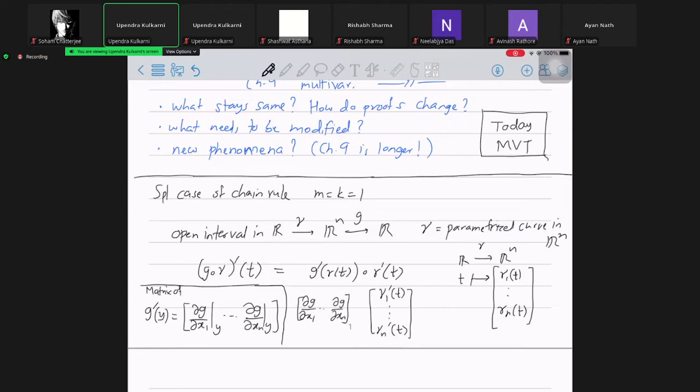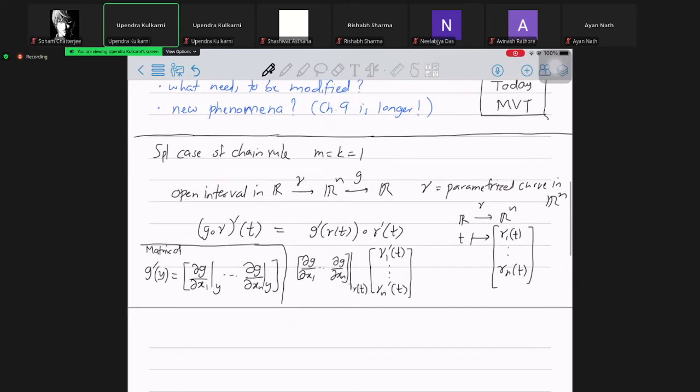And since I do not have space, let me write all of this at where? All of these partials are at what value? Gamma of t. At gamma of t. Okay, very good. So nothing much is going on.